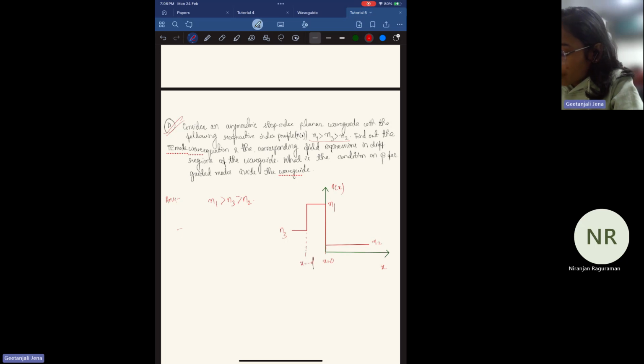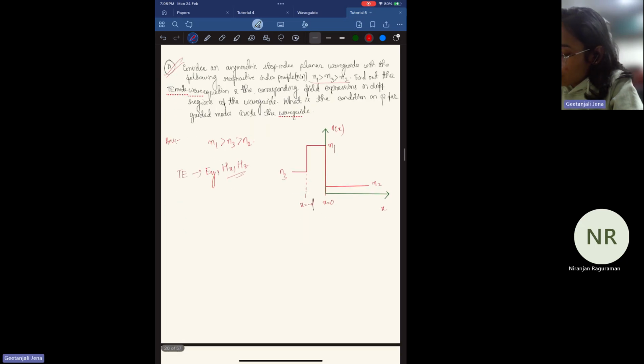So what are the non-zero components for TE mode? If you assume the wave is propagating along z direction, it is Ey, Hx, Hz. So let us see the modal analysis. So we have n(x), it is N2 for x greater than 0, and it is N1 when x lies between minus t to 0, and it is N3 when x is less than minus t.